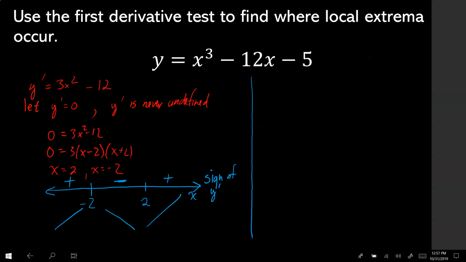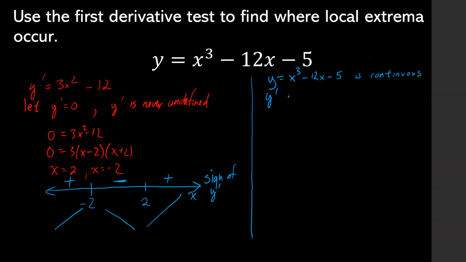We're going to start off with the most important thing, and that is y equals x cubed minus 12x minus 5 is continuous. The function isn't going to have a maximum or a minimum where that function doesn't exist. So what do we see?